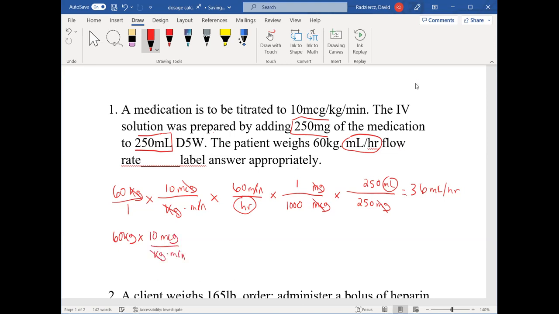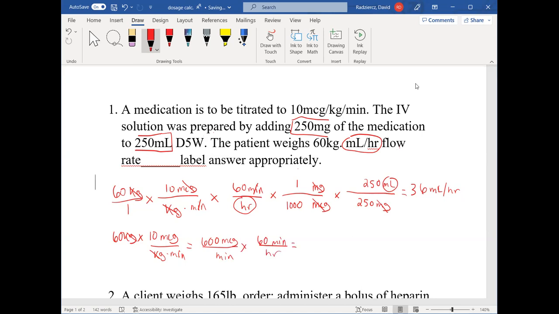So I'm still kind of setting this up initially, but then I would get 6,000, sorry. So 60 times 10. I was right, 600. I don't know what I'm thinking. 600 micrograms per minute. So I would do this in steps. Then I would convert minutes to hours.